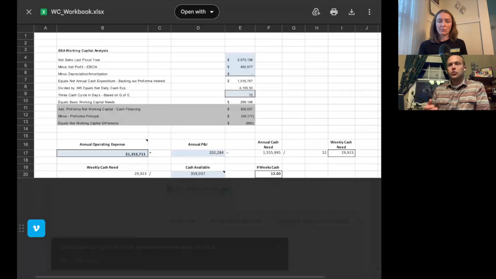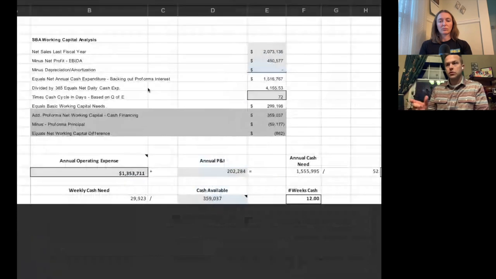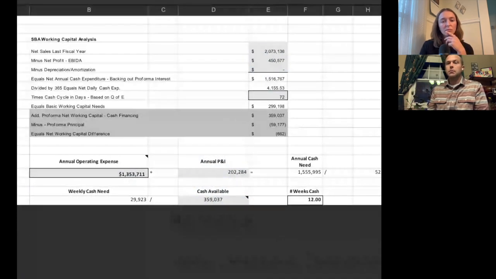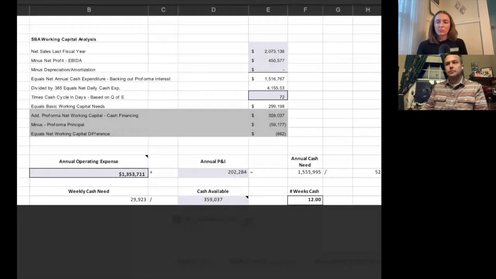Basically, from a historical basis, you look at how much cash expenditure they have per day. In this case, it's about $4,100. The buyer's due diligence did identify that they had a 72-day cash conversion cycle. So from the first expense incurred to the last drop of revenue, it generally took 72 days. That's a pretty long cash conversion cycle, which is why this business demanded so much cash.